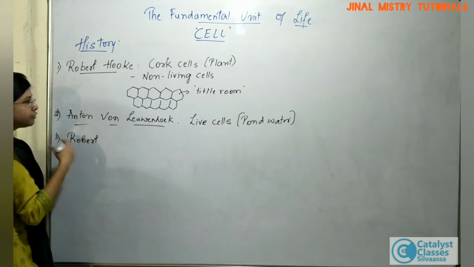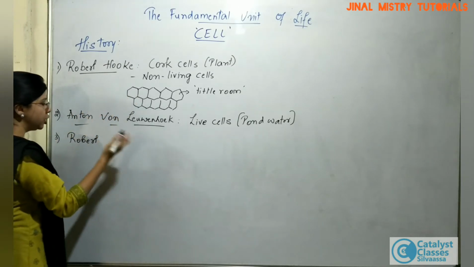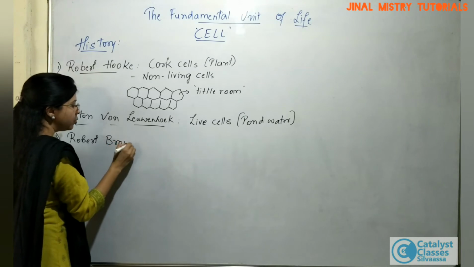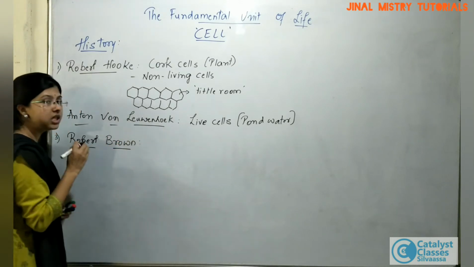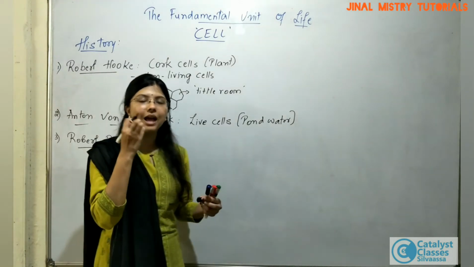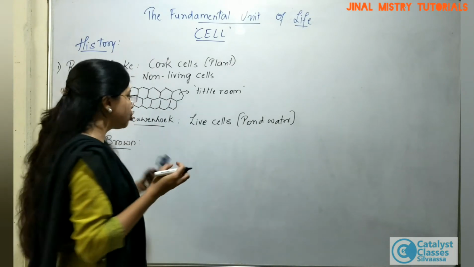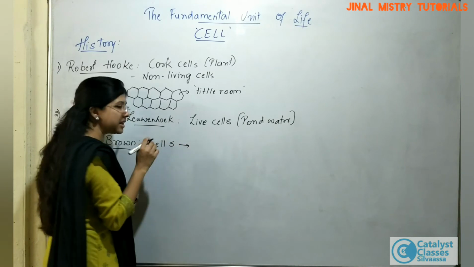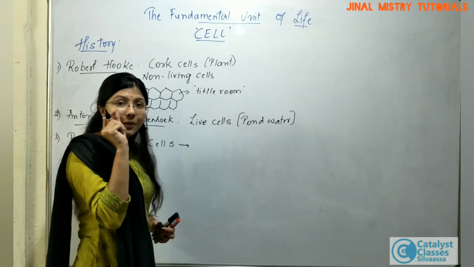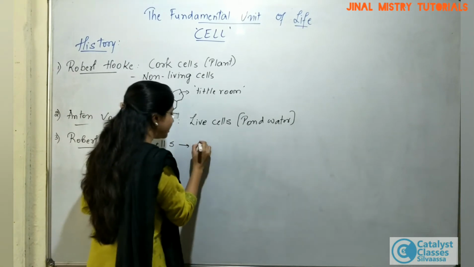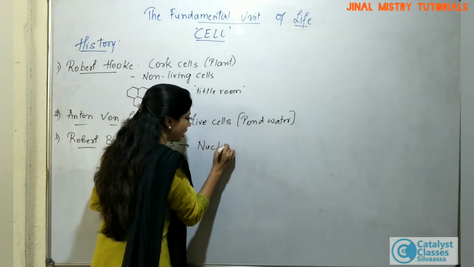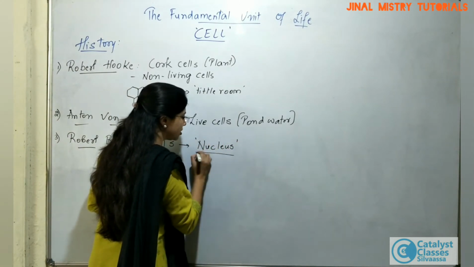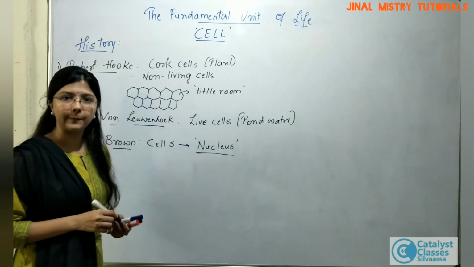After the discovery of cells by Robert Hooke and Anton von Leeuwenhoek, Robert Brown was further trying to study these cells. He was trying to study what exactly is present in the cell. He said that inside each cell is present a small structure which plays an important role, and that structure was none other than the nucleus, which was named by Robert Brown.